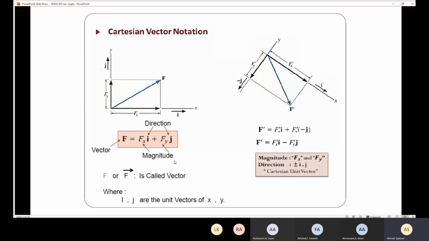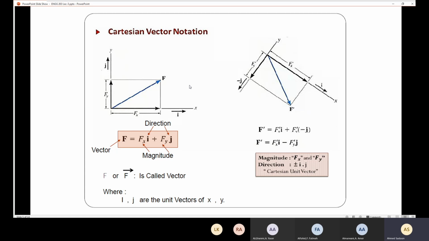So when I write it like that, this is called the Cartesian vector notation. And of course, when we write it with a bold font, it means that we are dealing with a vector. When we write it with the italic font, it means its magnitude.